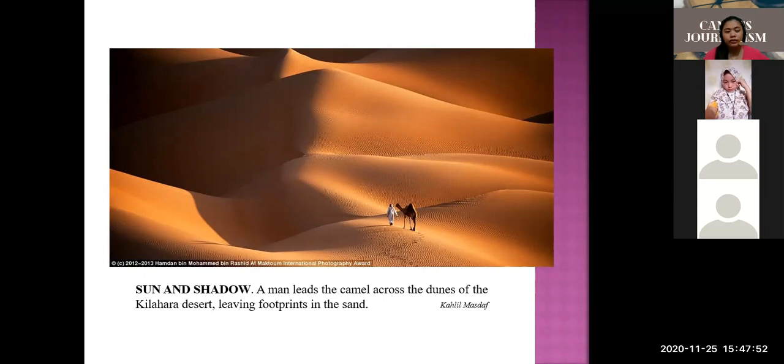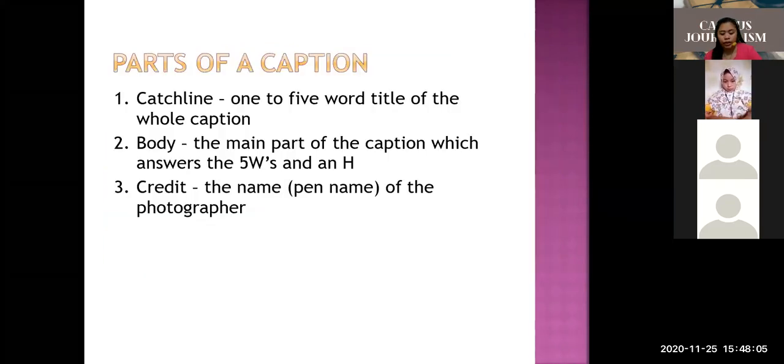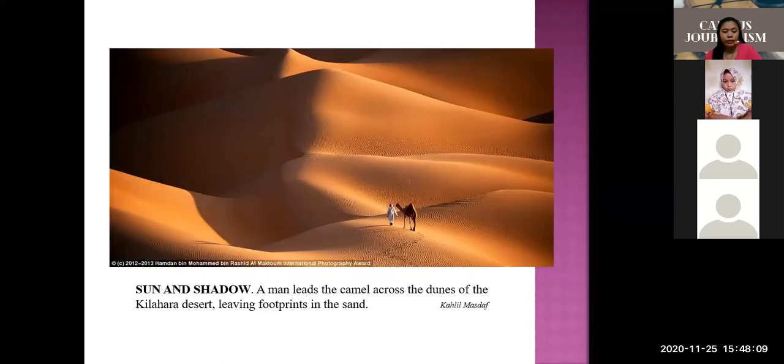That's an example of a body. If you're writing the body of your caption, please do not forget to follow proper pronunciation, spelling, and so on. And lastly, we have the name or credit, the name of the photographer, Khalil Masdaf. Probably that's a pen name for the photographer.